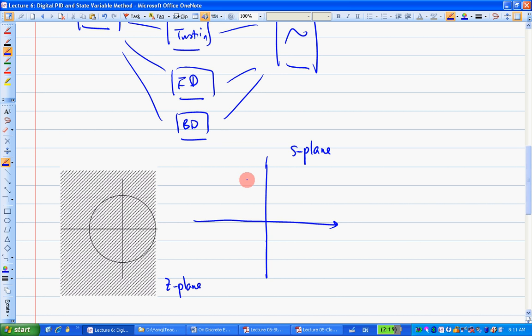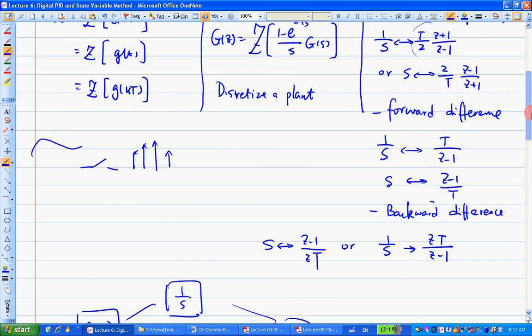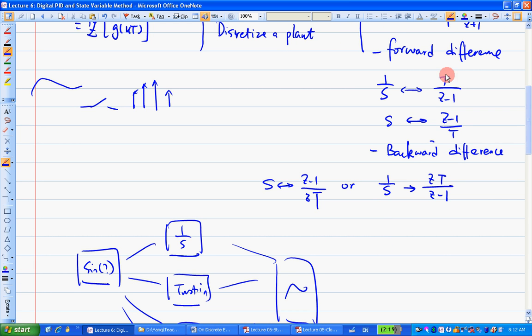In the S-plane, the left side, right? Left side. Okay, yeah. So what's the forward difference mapping? Which is this one here.